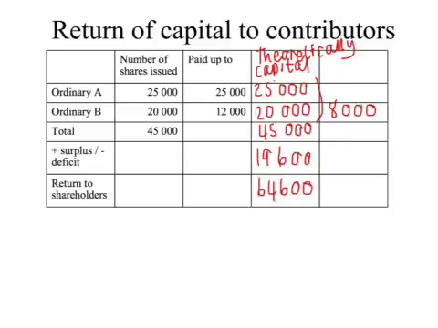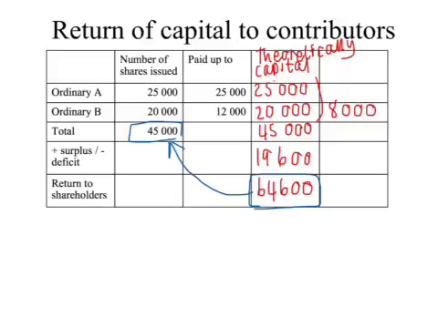As I mentioned, this return to the shareholders is based on the number of shares issued and not taking into consideration the value of the shares. So the allocation is done purely on the number of shares issued.